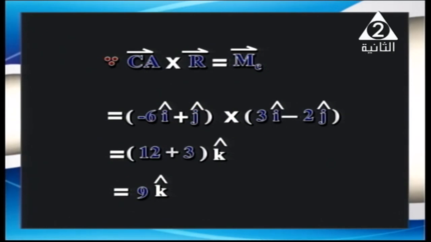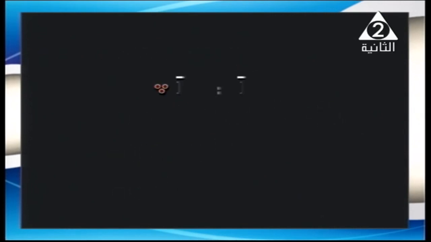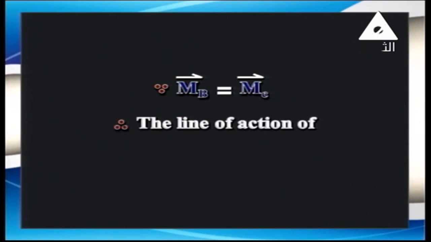Therefore, the moment about B equals the moment about C. What do you mean? The line of action of F is parallel to BC. Why? Because the moment about B equals the moment about C. Then we deduce that the line of action is parallel to BC.